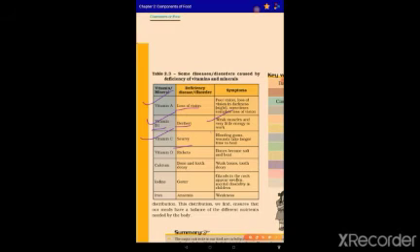The symptoms are bleeding gums, and wounds take a longer time to heal. Now vitamin D, the deficiency disease is called rickets.